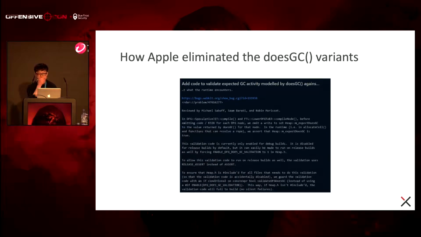However, if you look at new DFG opcodes, most notably the big integer DFG opcodes being added every now and then, you can see that some of them are still being incorrectly modeled in does GC. But Apple seems to be running an internal fuzzer, which catches them through these new assert statements. After a couple of weeks, if you see the WebKit commits, they're moved back to the right switch case. So maybe, I think this is the end of this class of bugs, but who knows?